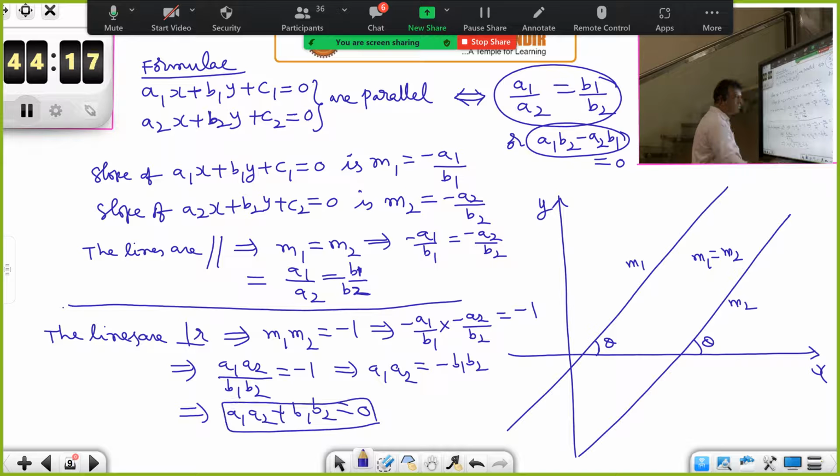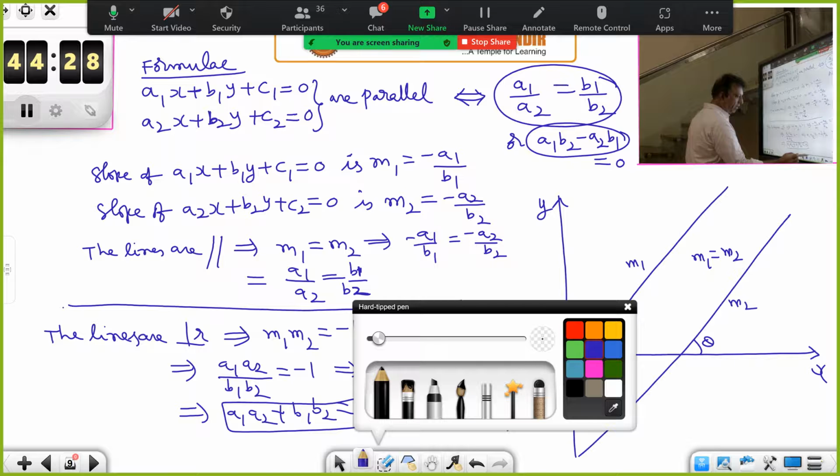Please remember these two conditions. If the lines are parallel, then a1 by a2 must be equal to b1 by b2. If the lines are perpendicular, see, the product is like this. This is called the dot product. In physics you must have seen the dot product of two vectors, a1i plus b1j plus c1k and a2i plus b2j plus c2k.